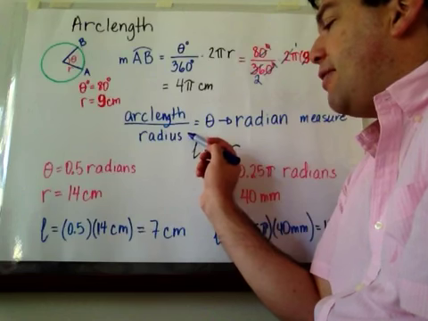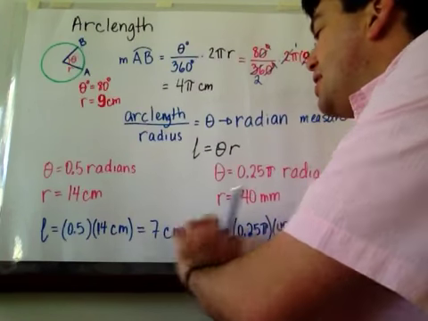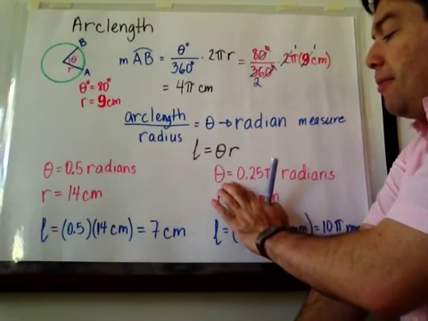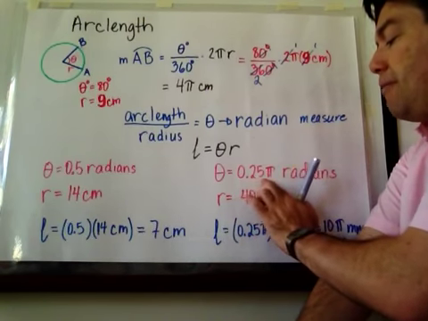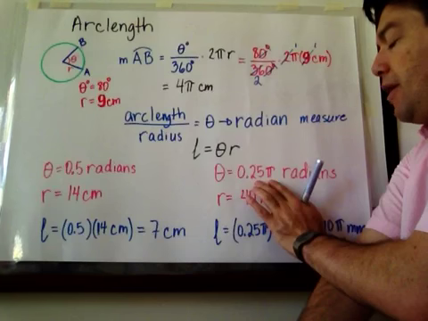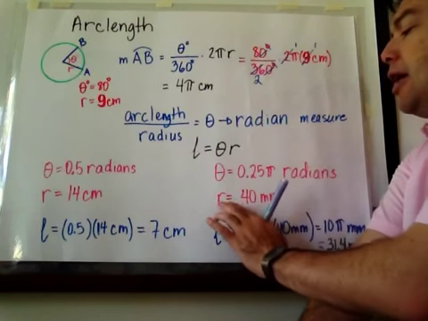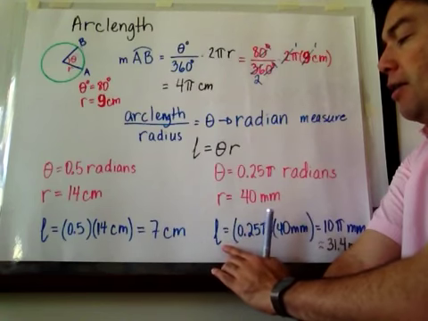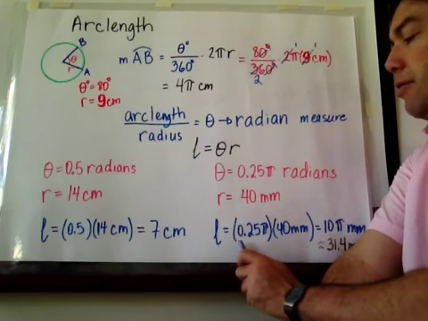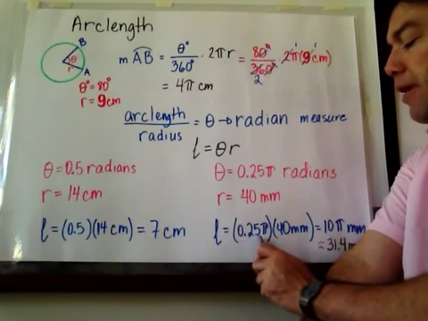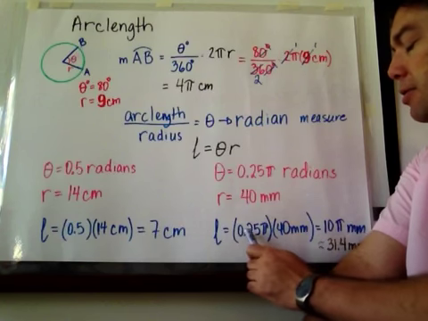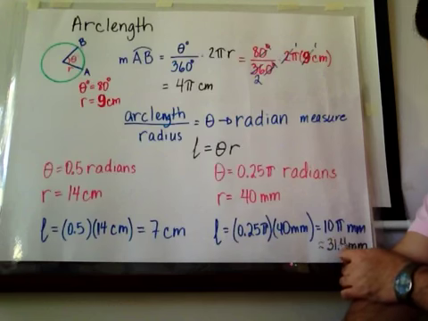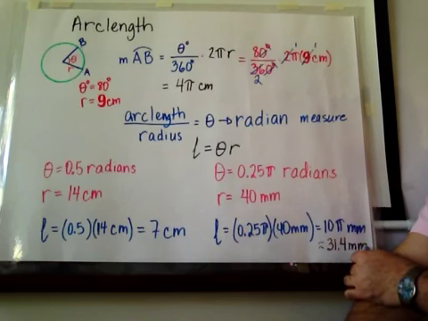The units of length cancel. So that's 7 centimeters. If we have an angle of 0.25 pi radians, and the radius is 40 millimeters, then the arc length is the angle, 0.25 pi, times 40 millimeters. Well, that turns out to be 10 pi millimeters, which is about 31.4 millimeters.